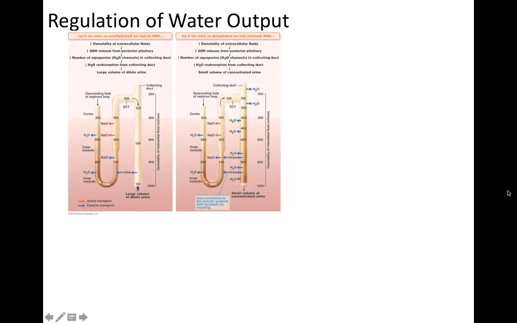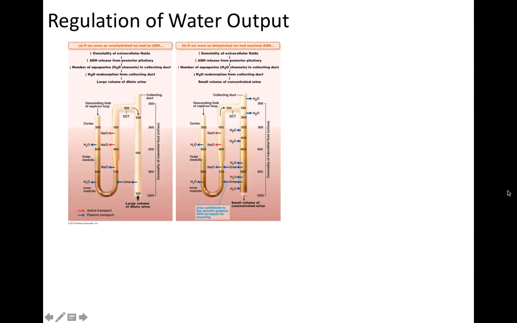Output we've talked about, so we know this is based on ADH secretion. So we know if we are well hydrated, we do not secrete ADH and we produce huge volumes of dilute urine. If we are dehydrated, we produce ADH, we utilize that salinity gradient in the medulla, and we're going to draw in and reabsorb more water, ending up with a very small volume of very concentrated urine.